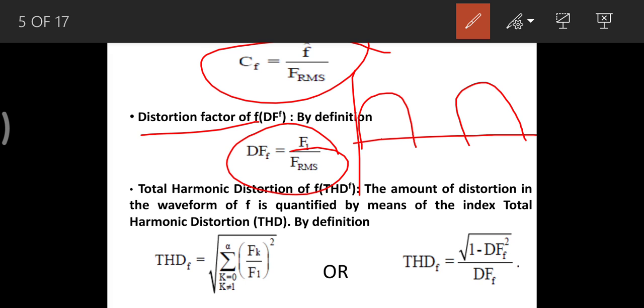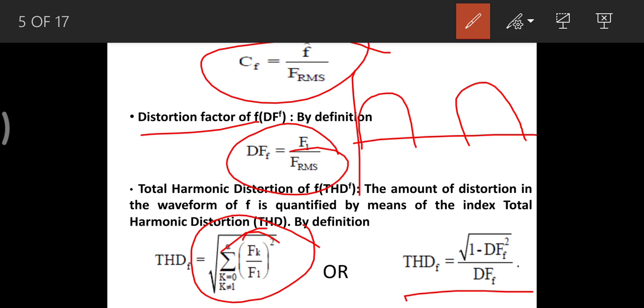The formula for the total harmonic distortion is this one: square root of sigma k equal to 0 to infinity, Fk by F1 whole square, or square root of 1 by DF square minus 1. Fk is nothing but the kth harmonic.